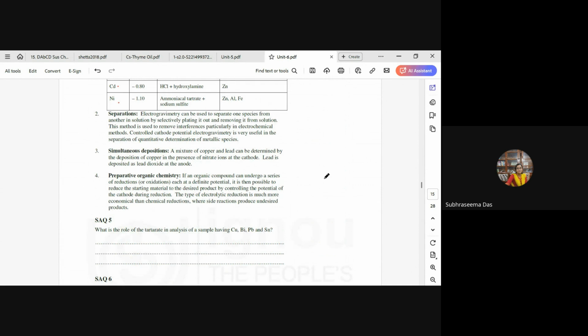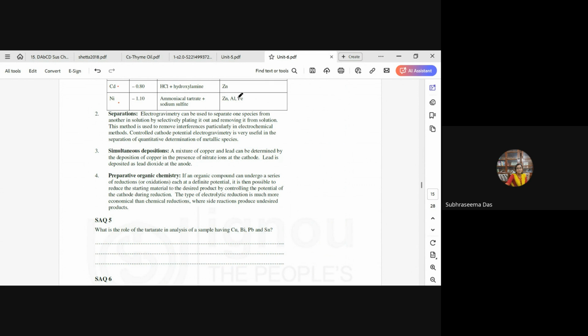Then coming to separations. Electrogravimetry has been used to separate one species from another by selectively plating it out and removing it from solution. This method is used to remove unwanted interferences that occur during the electrochemical reaction.